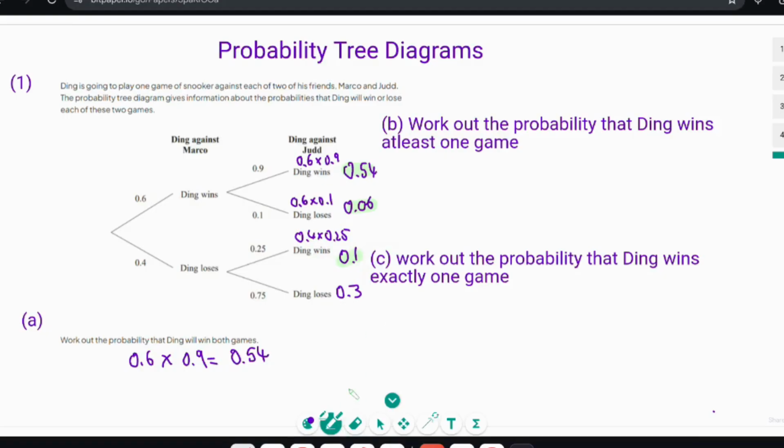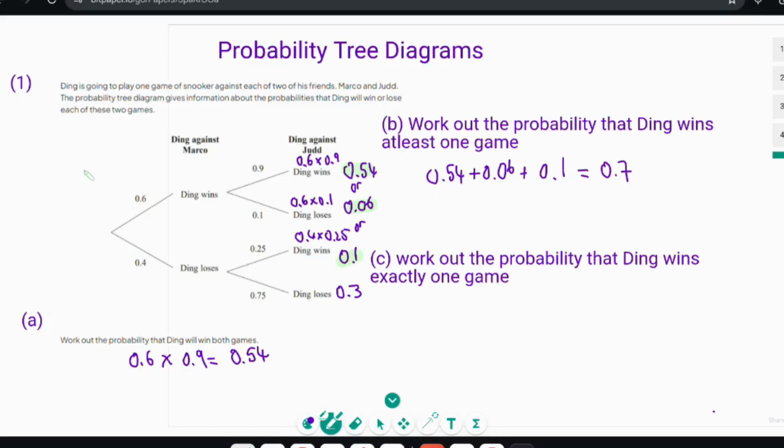So it's this option or this option or this option. So we add the probabilities together. 0.7.